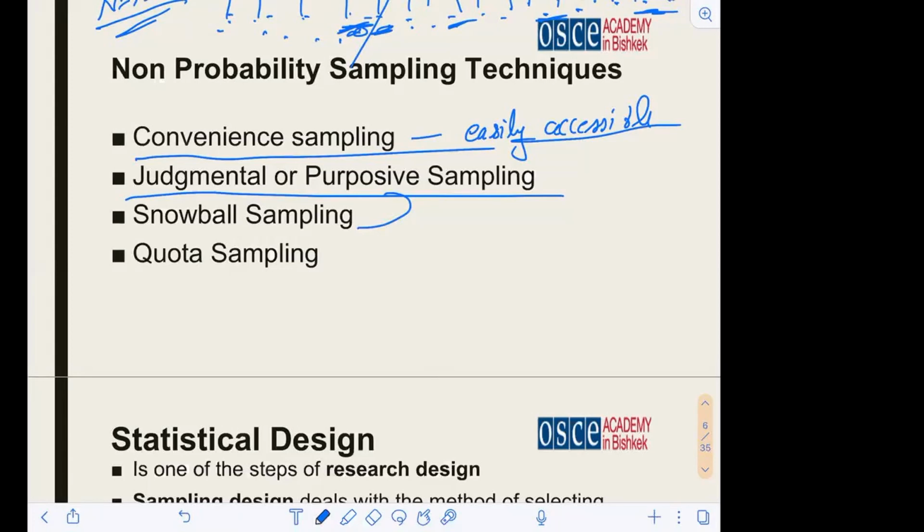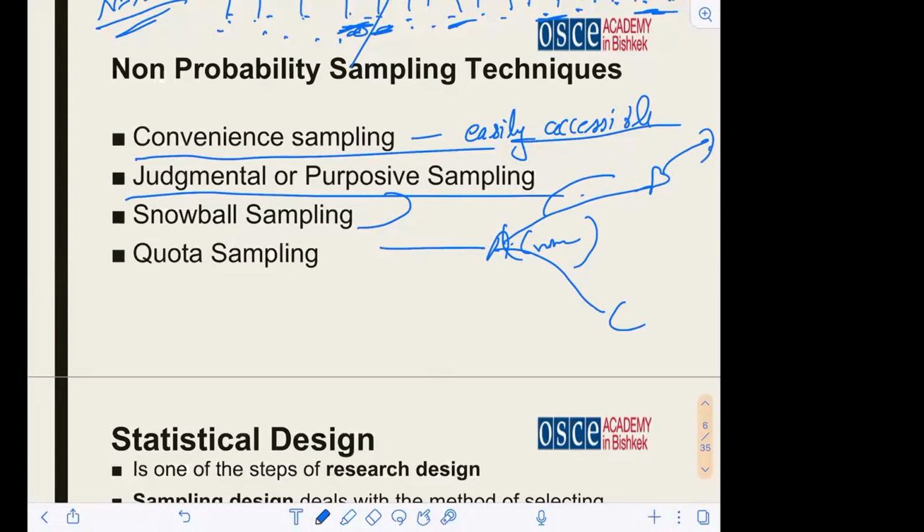So you go to criminal A, and because he is a criminal, he must be knowing somebody. So then he sends you further, B, okay, C, and then this guy sends you further. Snowball. You push the ball with force, and this ball is going to push the other balls.